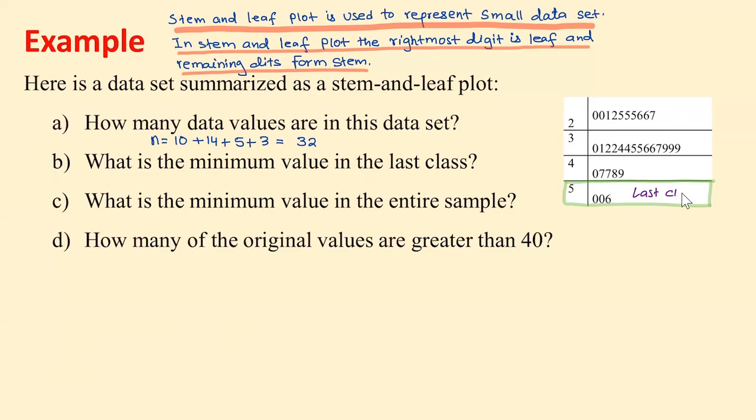If we look at this last class, the values are 5, 0, 50, the other one 5, 0, 50, and 5, 6, 56. So the values are 50, 50 and 56. So the minimum value will be 50. We can write: minimum value in the last class is 50.